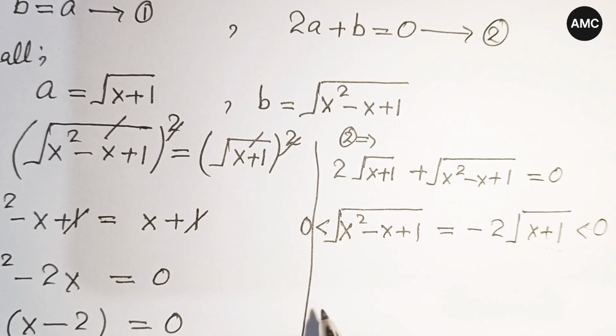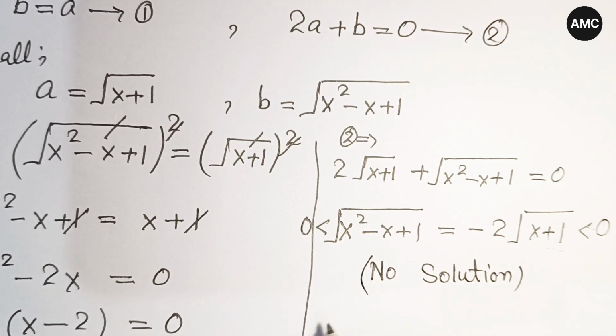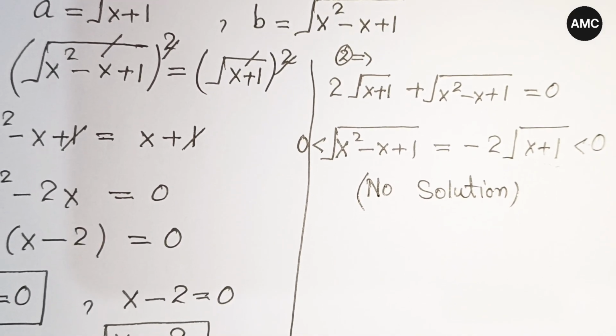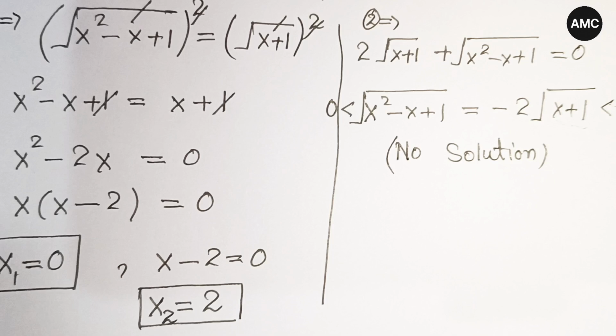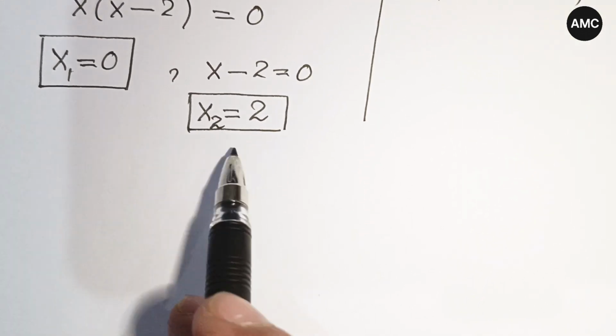So we write no solution because we get here that it is less than 0. So our final solutions from equation 1 are x1 is equal to 0 and x2 is equal to 2.